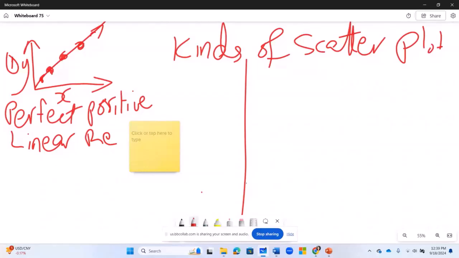It means that the relationship between x and y, the explanatory variable and response variable, is perfect because all the points are on the line. So the points are collinear, like the ones we did in geometry, all the points on the line. Perfect positive linear relationship.